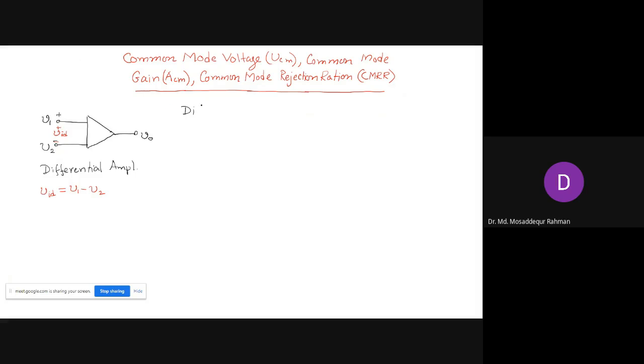So that's the differential voltage, and differential gain we define as the output divided by the differential input. That was our differential gain.